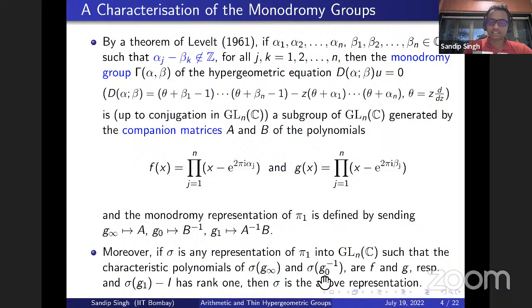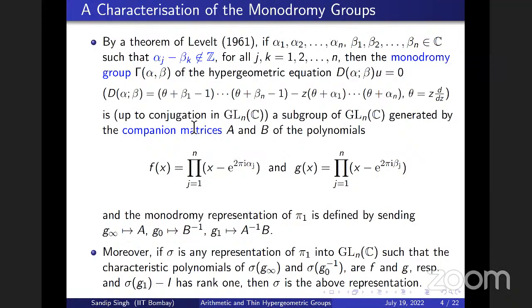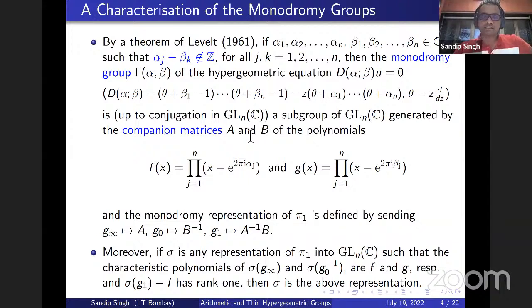It has 3 generators, and one of the generators, like G1 minus I, has rank 1, and so on. If alpha j minus beta k does not belong to Z, then the monodromy group of the hypergeometric equation is a hypergeometric group. No reference to the hypergeometric equation: the hypergeometric group is defined independently.